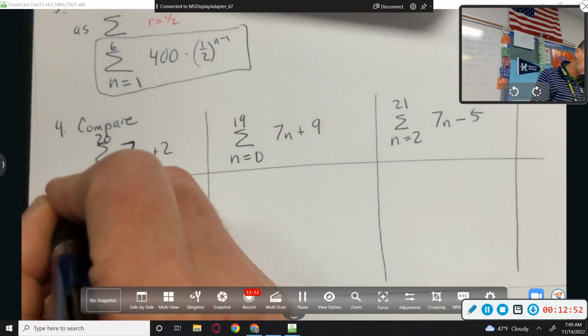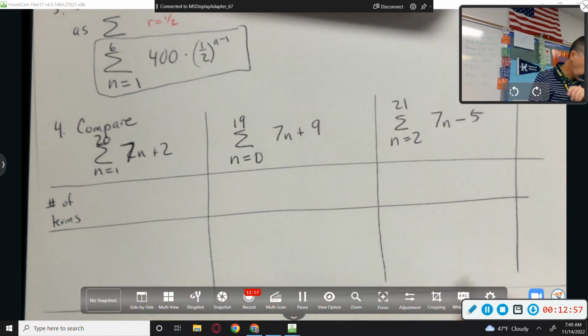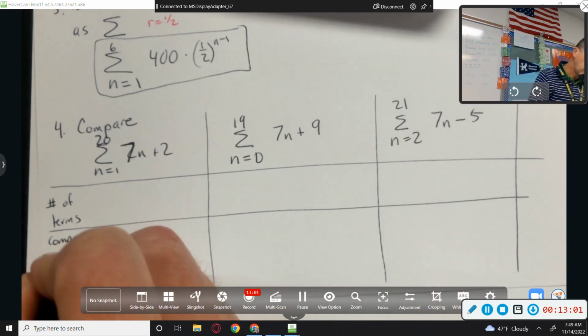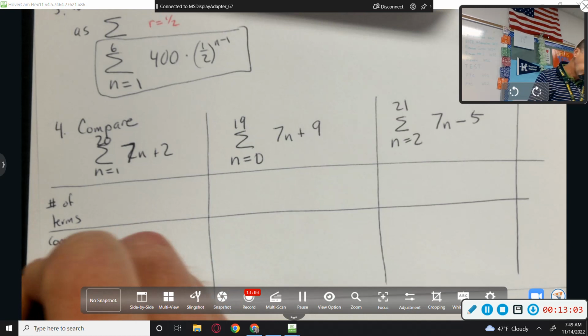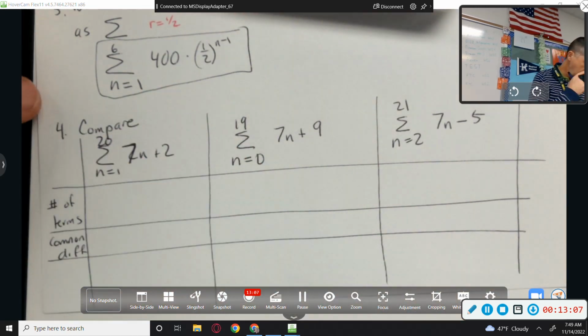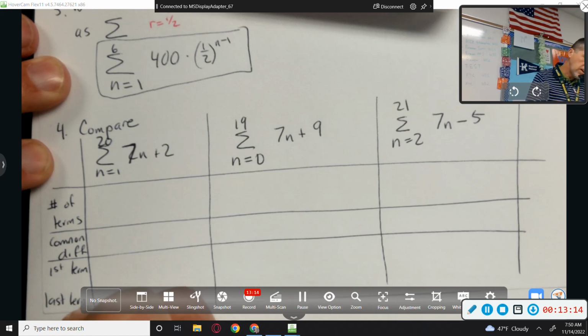And we're going to compare their number of terms, find their common difference, figure out what the first term and the last term are.